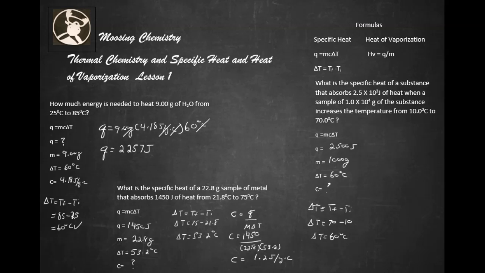So all we have to do is set up for C. Again, C equals Q over m delta T. So C equals 2,500, and I'm going to put the units back on at the end, over the mass, which is 1,000 grams, times our change in temperature, which is 60 degrees C. We do the math, and we're going to get 4.2 times 10 to the negative third J over g times C.